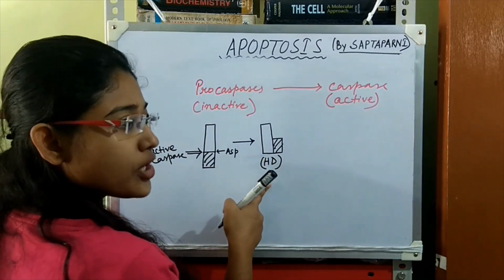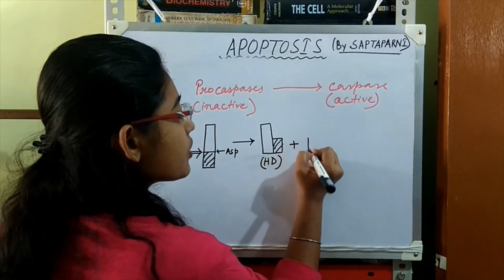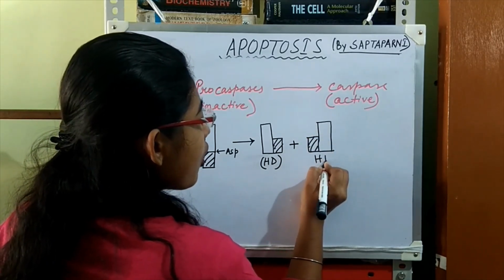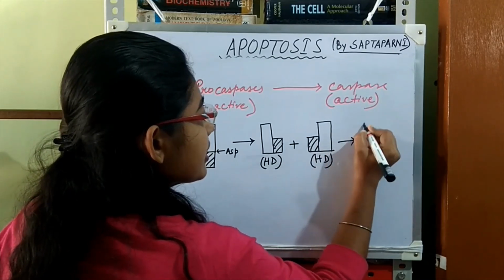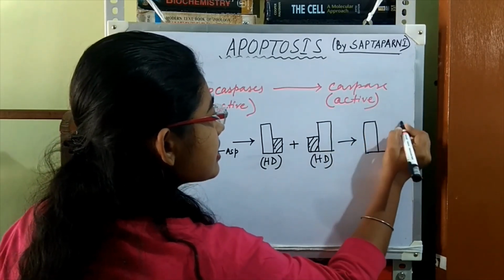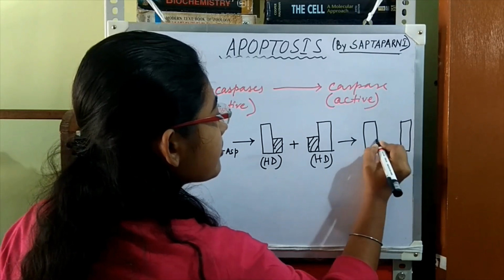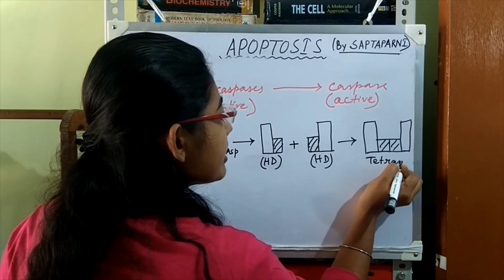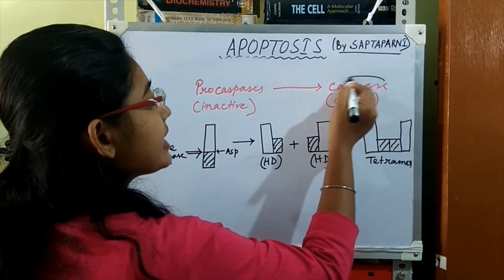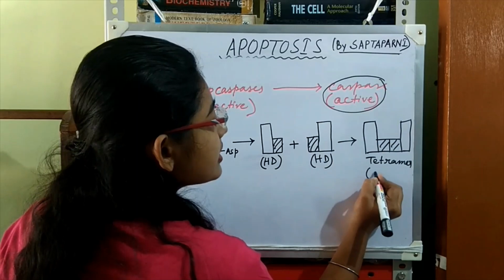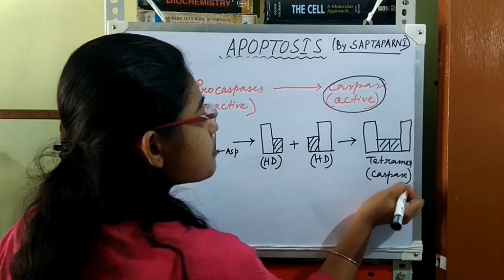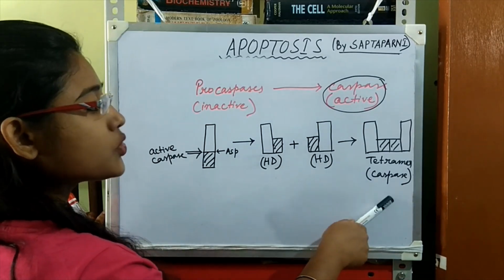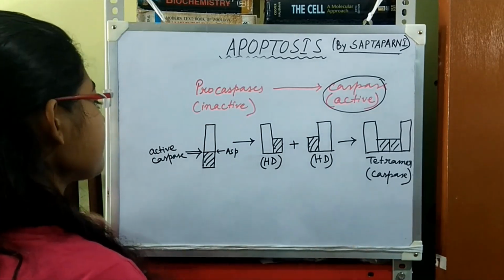Now, when a heterodimer joins with another heterodimer, it will form a tetramer. This tetramer is nothing but the active caspase of our body. That is how inactive procaspase is converted into an active caspase.